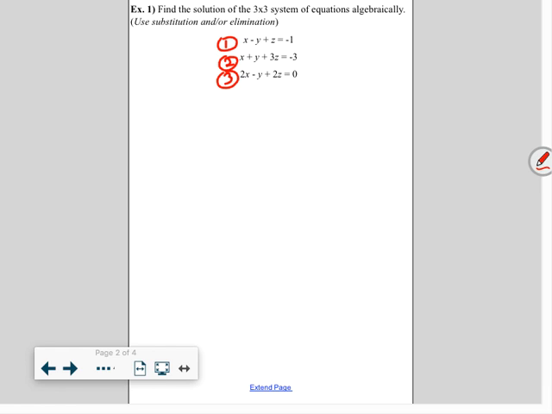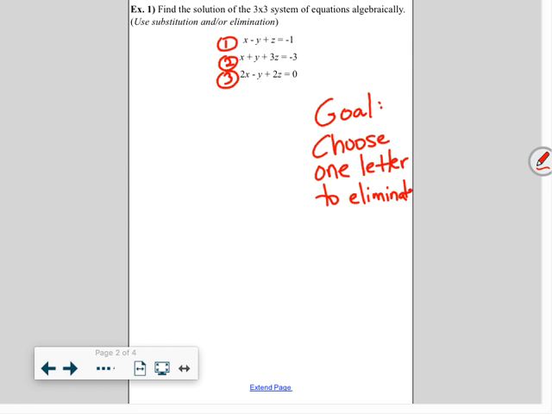Here's the goal, and I would like you to write this down. Choose one letter to eliminate. Please write this down. You've got plenty of space here.